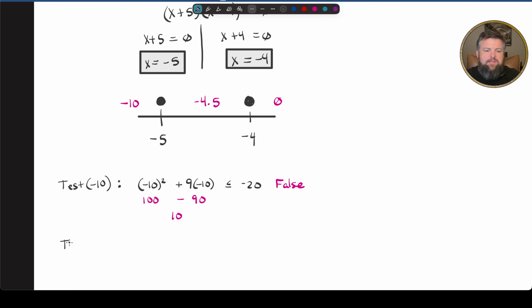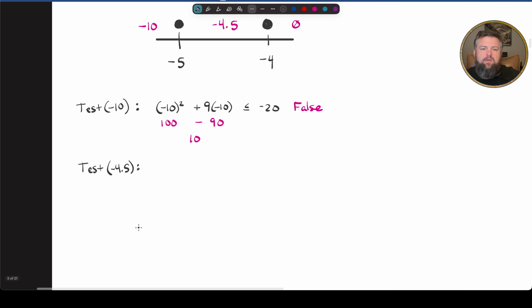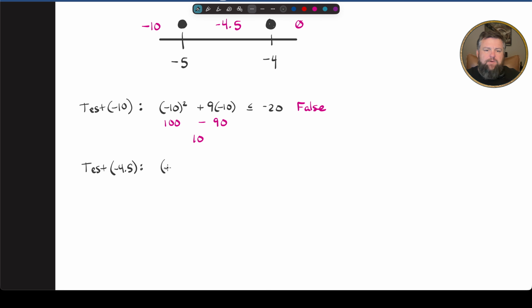Then we're going to test negative 4.5. So we go negative 4.5 squared plus 9 times negative 4.5. Is that less than or equal to negative 20?